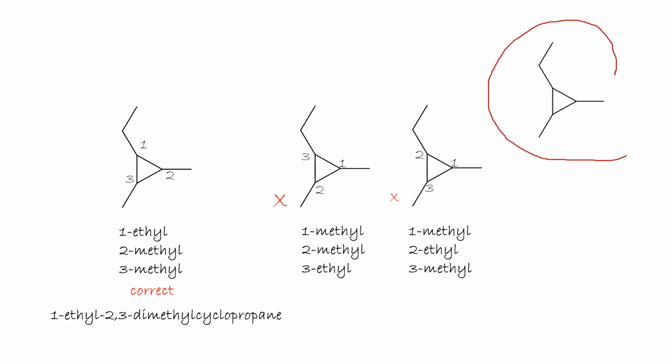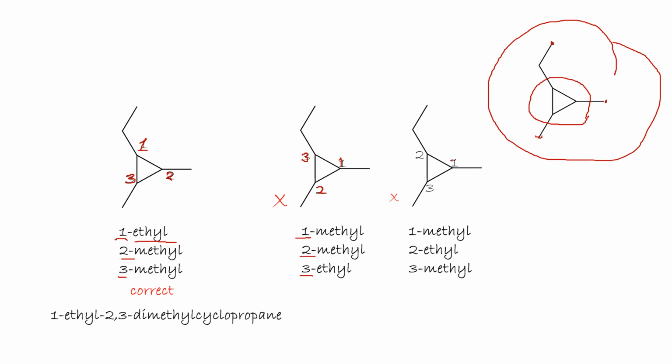For this compound, that's cyclopropane. Then we have substituents methyl, methyl, ethyl. If we give numbers to the cyclopropane ring, 1, 2, 3, then ethyl will be number 1, methyl 2, methyl number 3. If we number the system 1, 2, 3, then 1 methyl, 2 methyl, 3 ethyl.